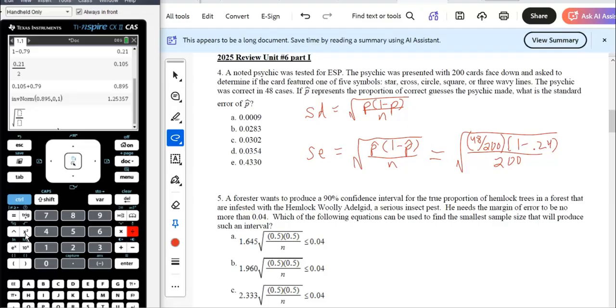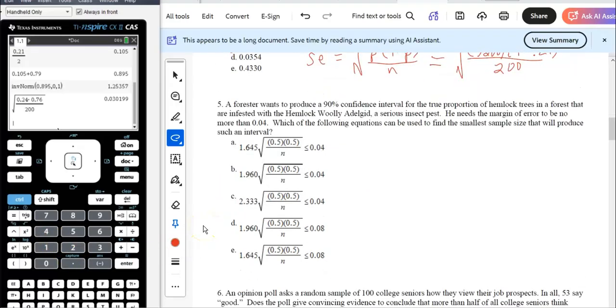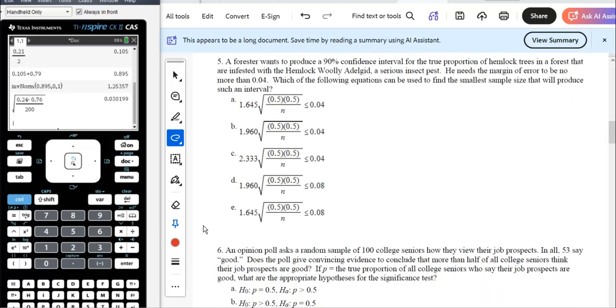I'm just going to put 0.24 there, times 0.76, because that's 1 minus that, all over 200. So 0.0302. Oh, another close one. Yeah, I think that's got to be it. So pretty similar to standard deviation there.